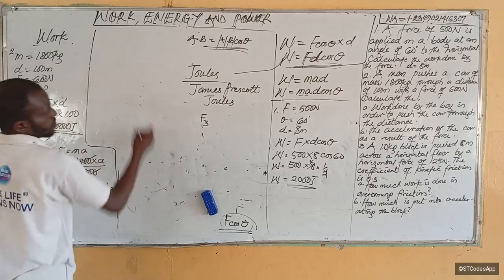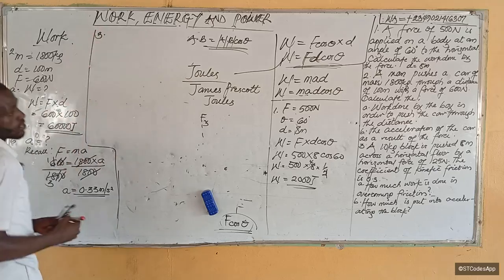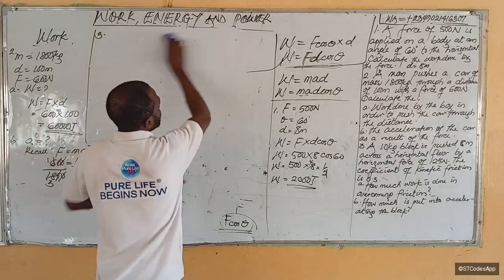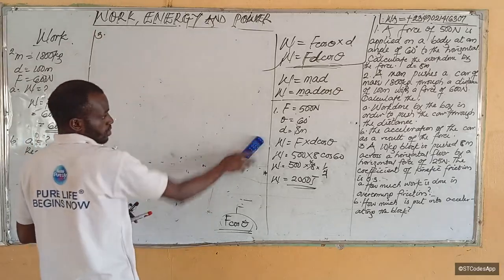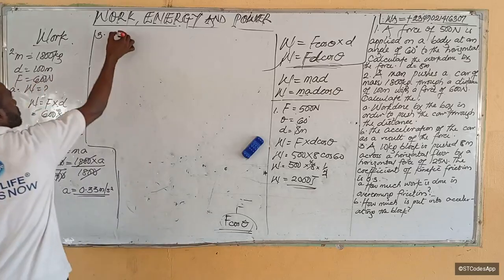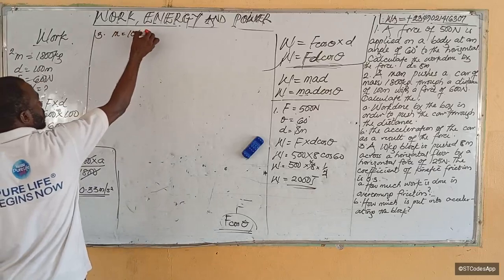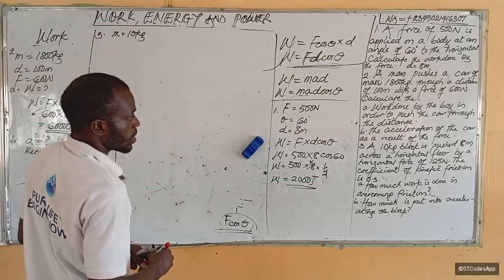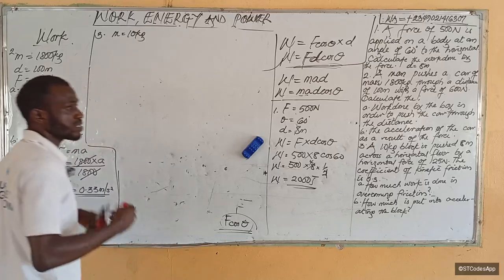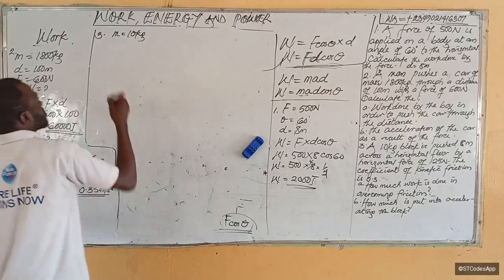Then number 3 says, a 10 kilogram block, the mass of the block is 10 kilograms, is pushed 8 meters across a horizontal floor. You'll be writing your parameters, okay?